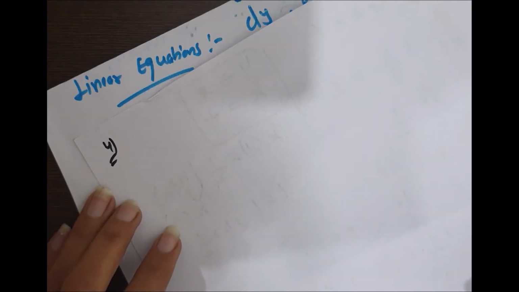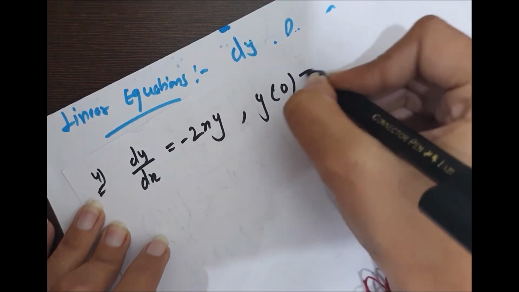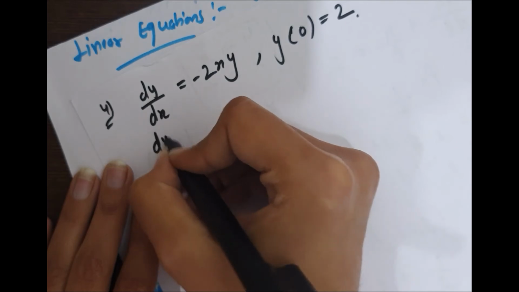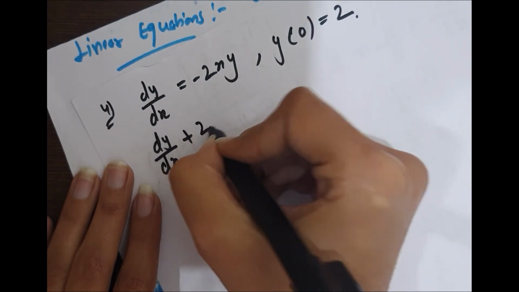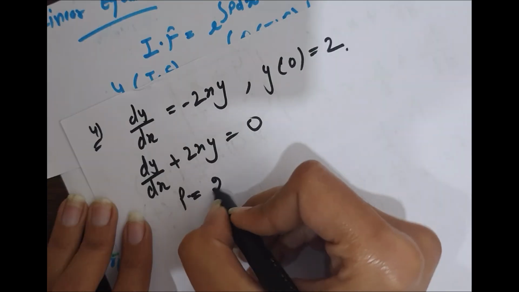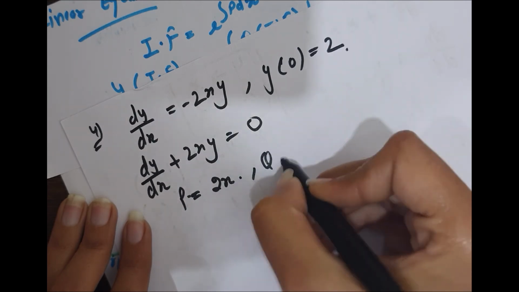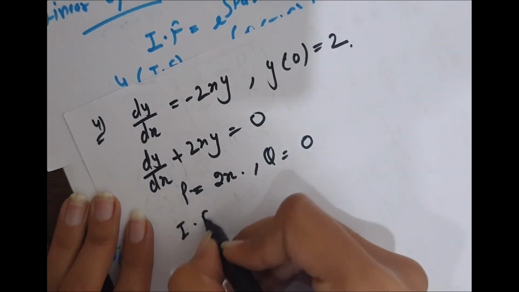Now the last example of linear equation. Now the initial conditions are this. Now compare it with the standard equation. P is equal to 2x and Q is equal to 0. Then take the integrating factor.